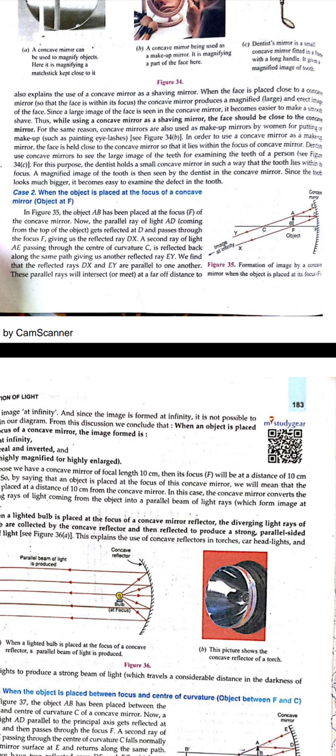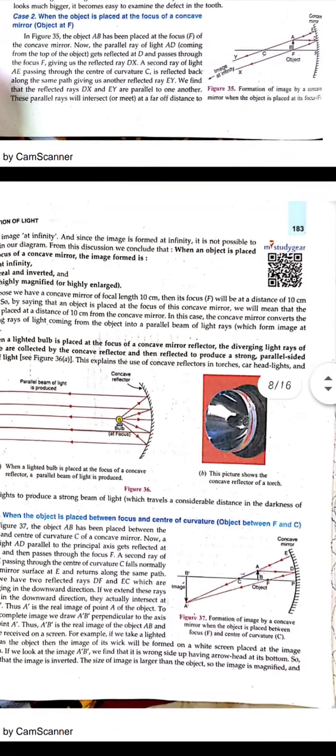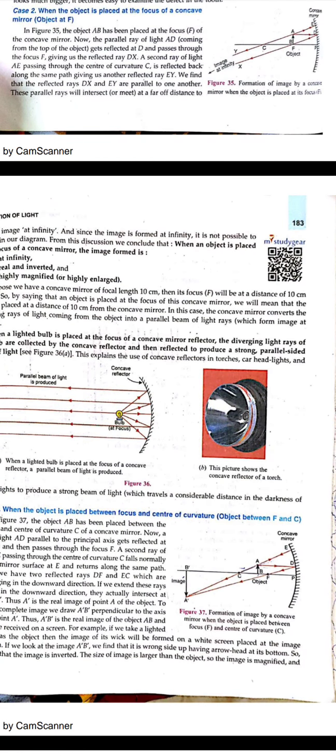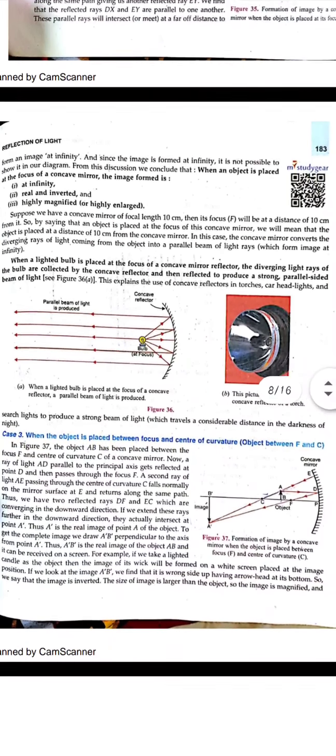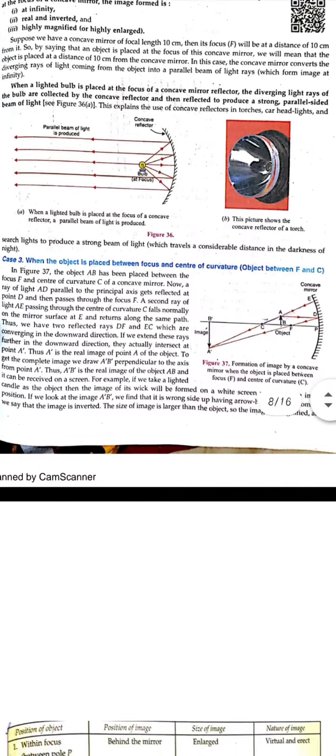Since it is formed at infinity, we cannot find the distance, but we can say the image will be highly magnified, so the height of the image will be more than the height of the object.